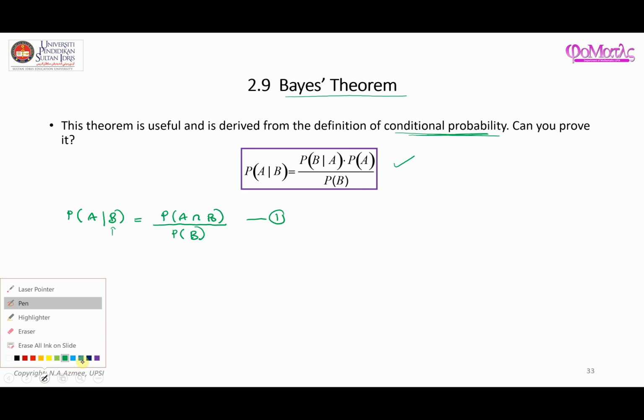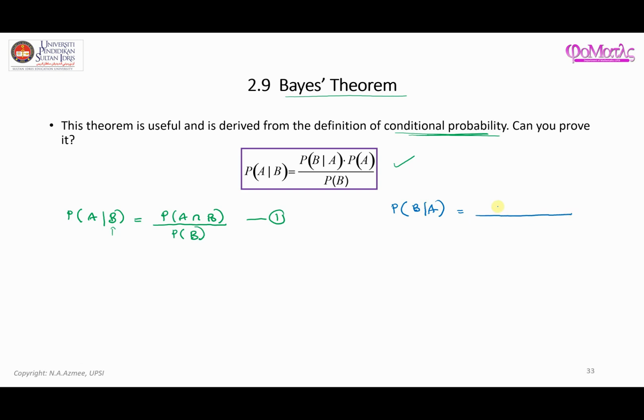Right, next, let's imagine we have another conditional probability somehow flipped or switched. We can consider having the conditional probability of B given A. So in this case, how do we find this conditional probability?